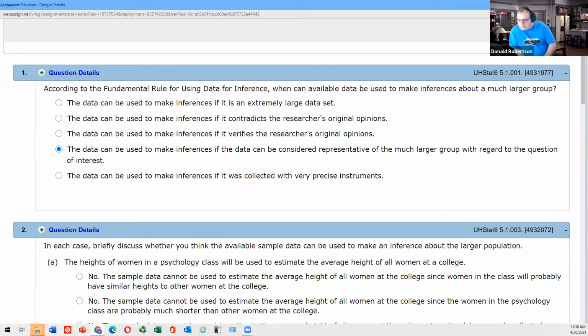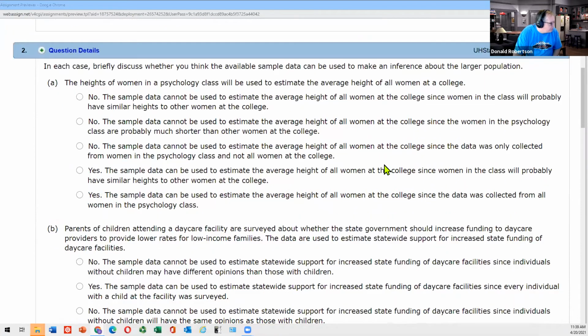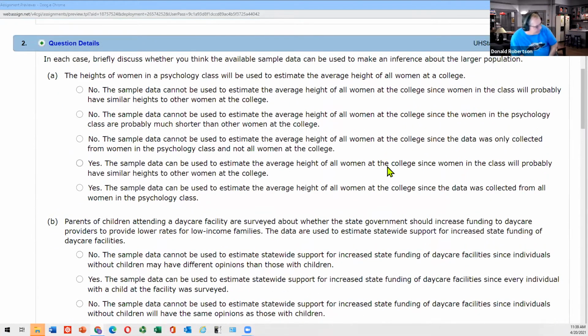Later on, we're going to get questions where I am going to disagree with WebAssign, because some of these answers can be quite subjective. You can imagine some questions where it's my opinion rather than their opinion, but not this one. I'm not going to disagree with that because I think that makes perfect sense.